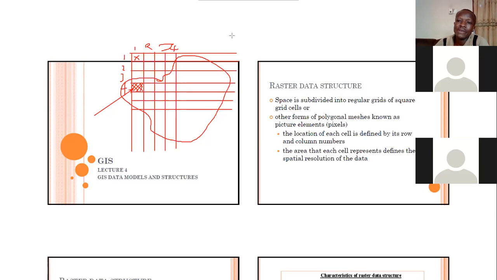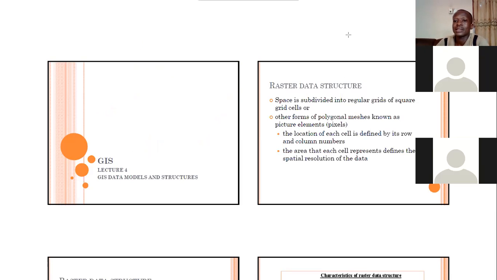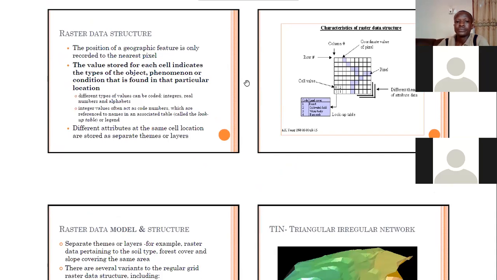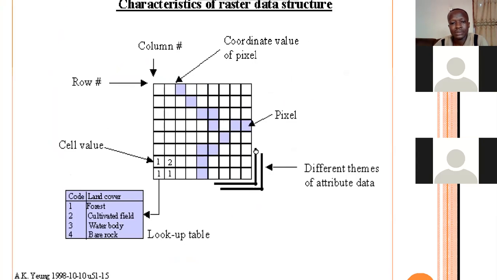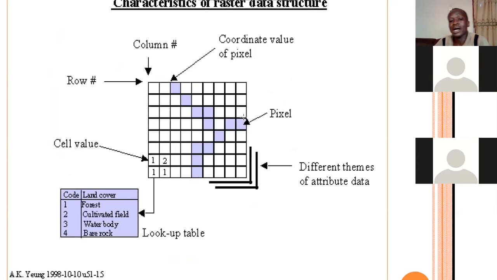Okay, so it's very important for us to understand the raster data structure. Now another thing we do is that we record the position of a geographic feature to the nearest pixel. So this is what we're talking about. In the computer, when we store an imagery, so raster is synonymous with images.